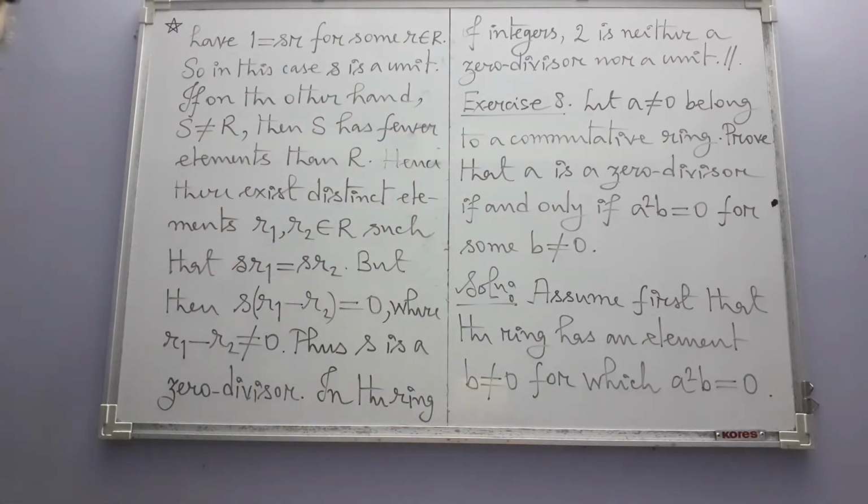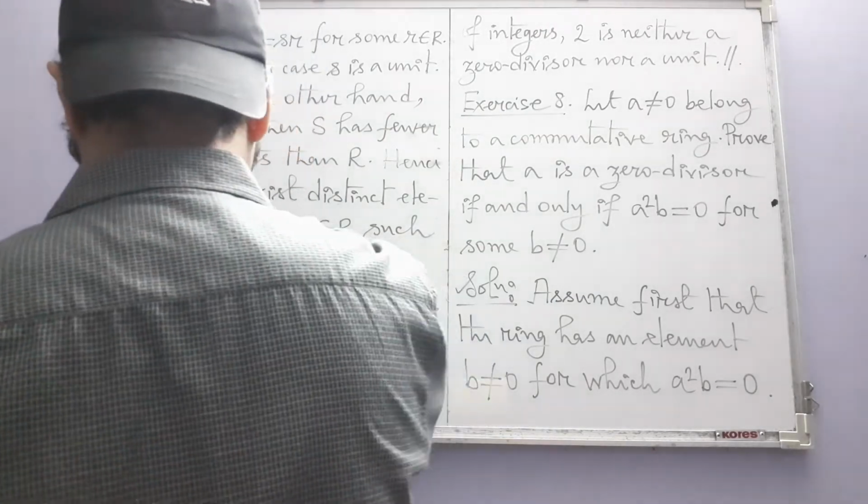We have to prove that A is a zero divisor.